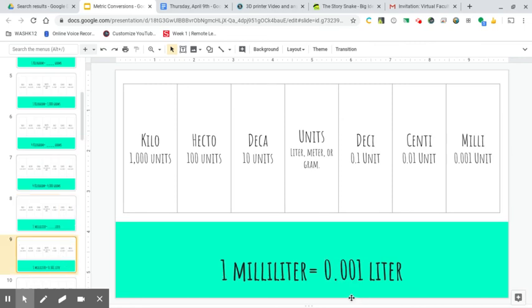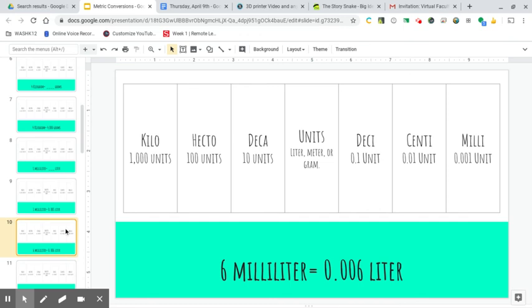We'd write it like that. What if we had 6 milliliters? Well, 6 milliliters would be 6,000th of a liter. And we can use these little things on our chart to help us.